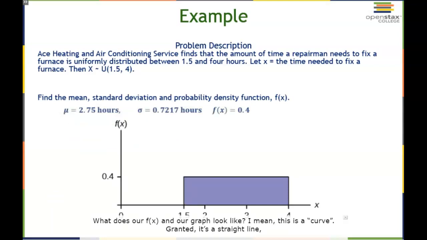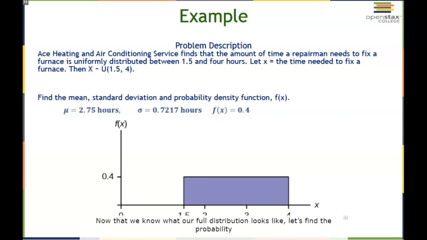Granted, it's a straight line, but our high value is 4, our low value is 1.5, and our curve is always 0.4. So in essence, uniform distribution looks like a rectangle. And if we add up all the probabilities in the shaded region, those are going to add up to 1.